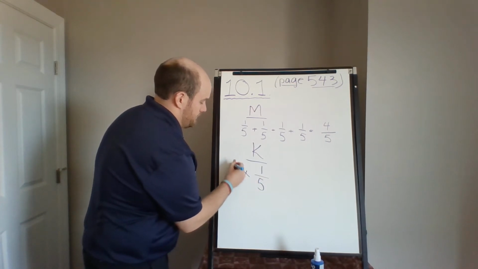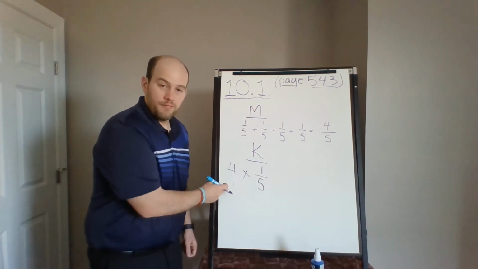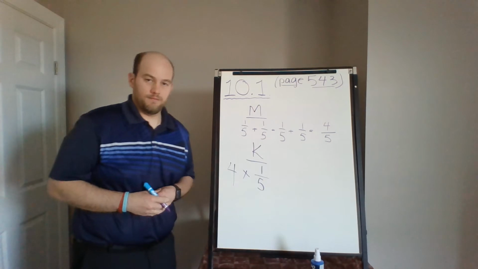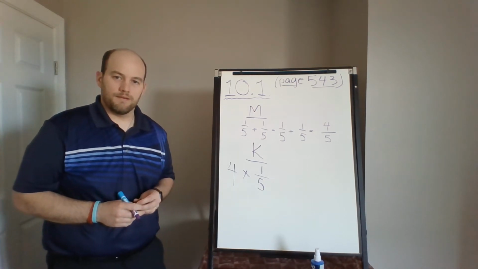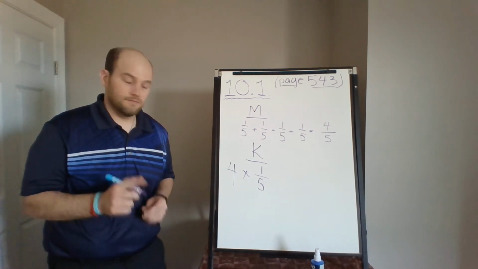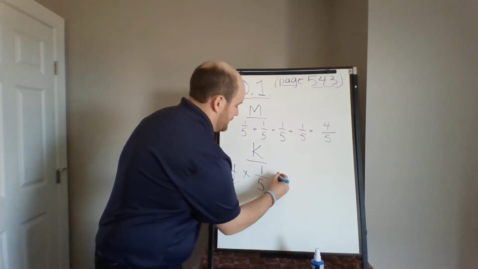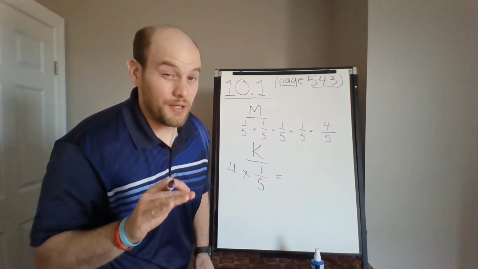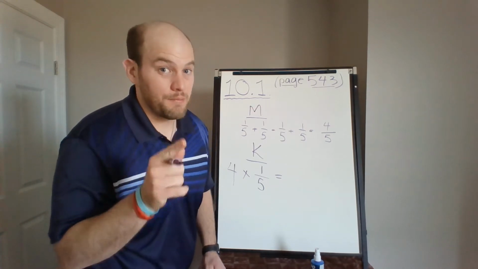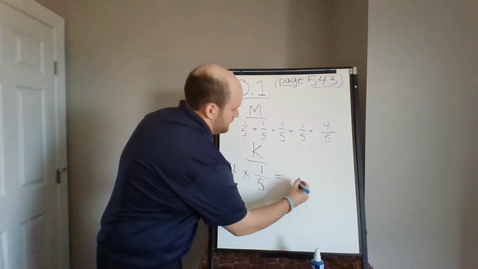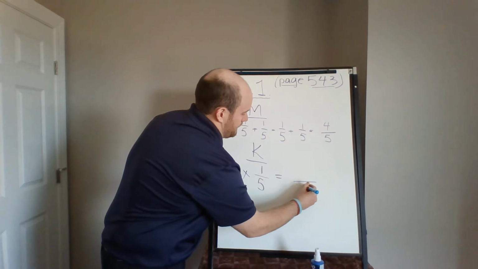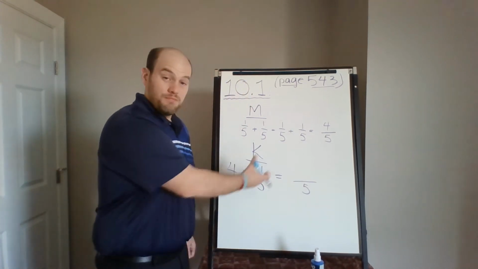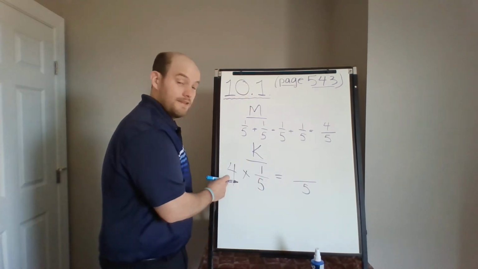If I multiplied the whole number 4 times 1/5, that would be the same thing. Well, guess what? Khalil's right, because watch. Do we ever touch the denominator? I hope your answer is going to be no. Remember, the denominator never changes. So I would just put the 5 down here, and then I would just multiply my numerator times this number.